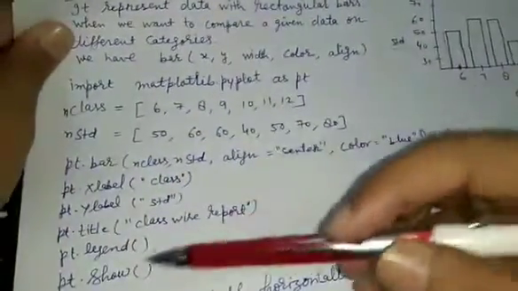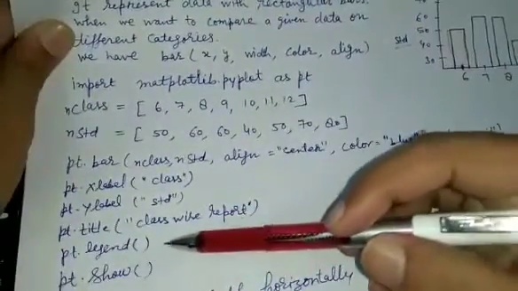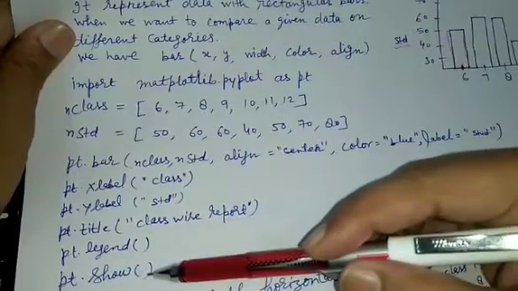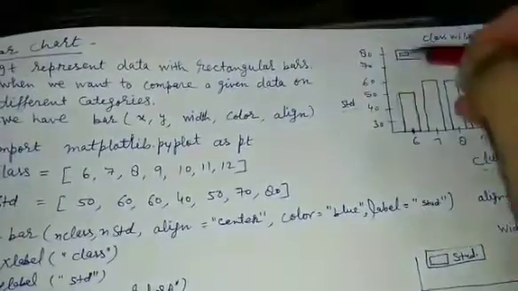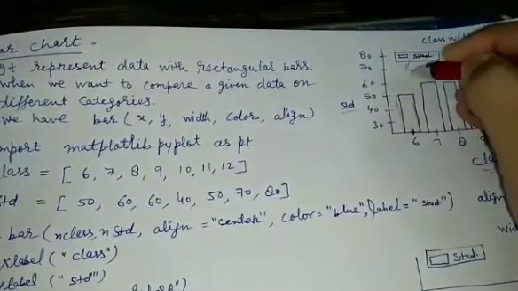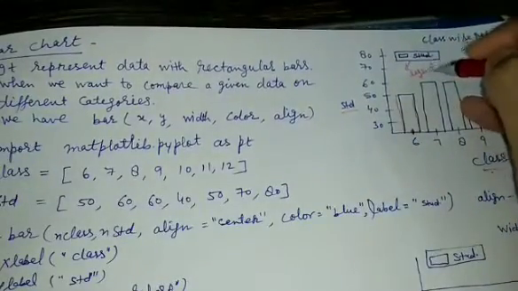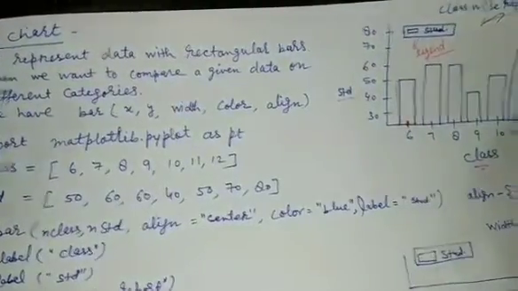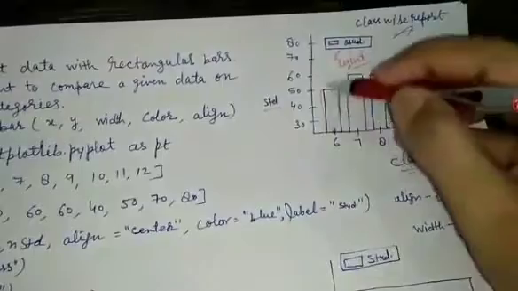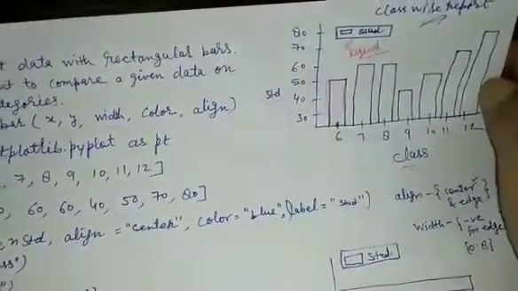Next, pt.legend will show the legend, and pt.show will draw the actual graph on the screen. This is the legend. You know, we have already discussed in a previous video that this legend represents what these bars represent on the axis.